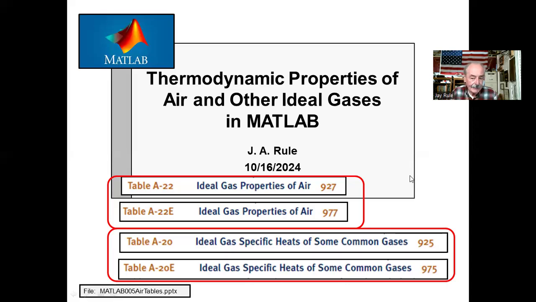Remember that for ideal gases, properties such as specific heat, internal energy, enthalpy are functions of temperature only. And so if you model an ideal gas with constant specific heat, this table A20 and A20E give you the pathway to determine a value for specific heat, whether it's cp or cv, depending on the temperature that you decide to model the ideal gas at.